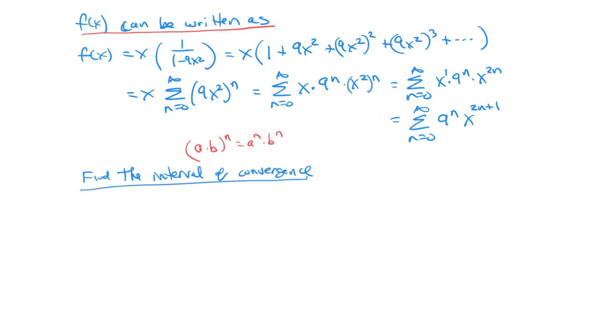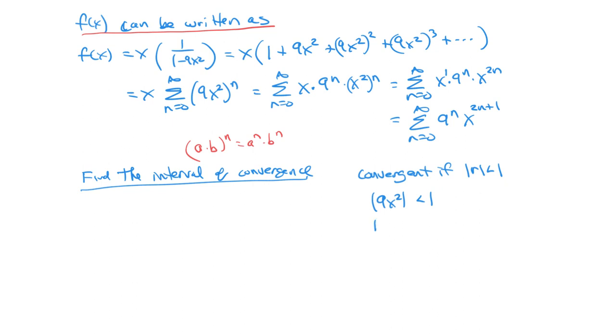Okay, so interval of convergence. Well, this is a geometric series, so we know it's convergent if the absolute value of r is less than 1. So we have to find out what r was. Well, r is 9x squared, right? That was our r, 9x squared. So we just have to solve this: 9x squared is less than 1.